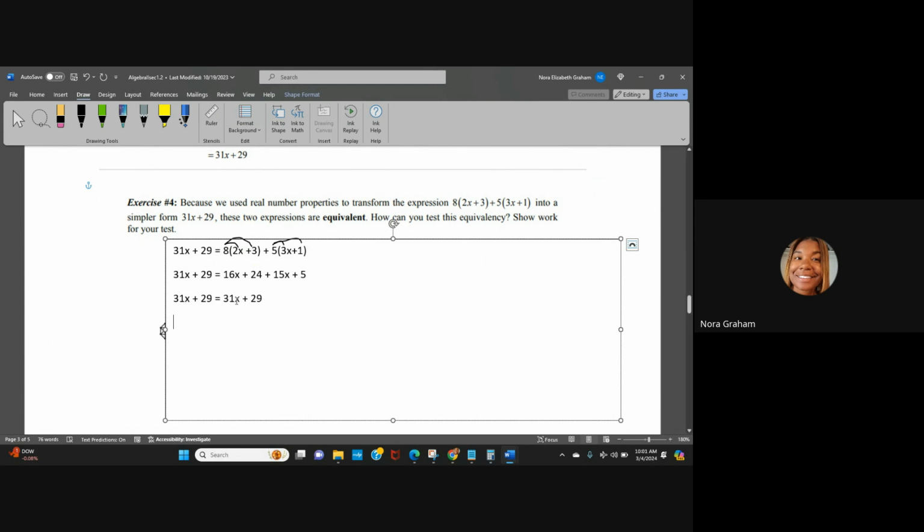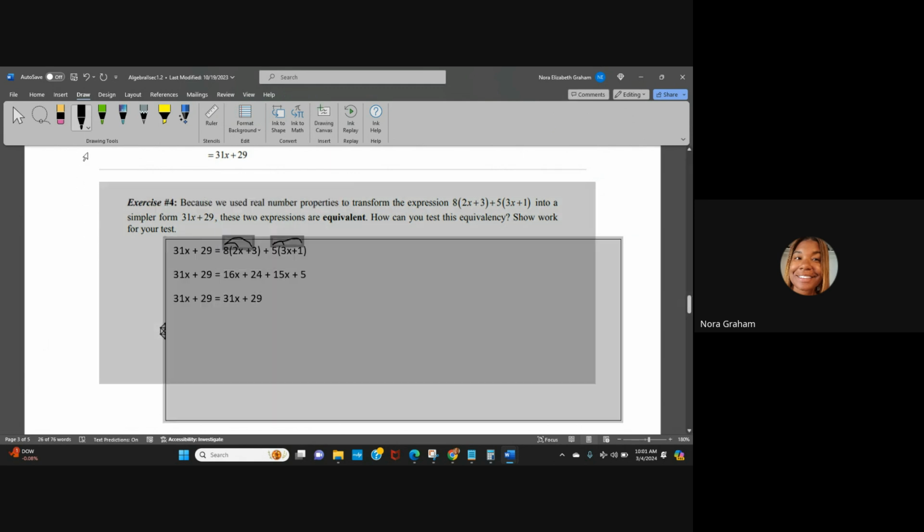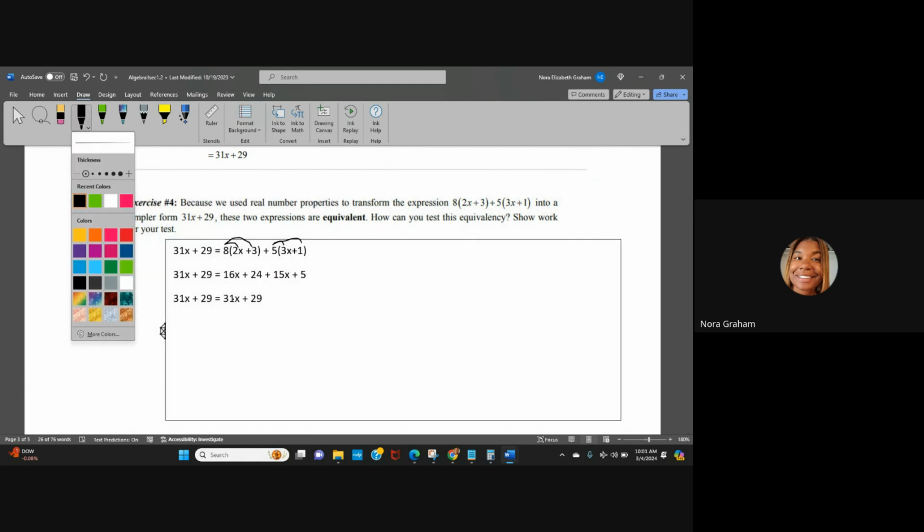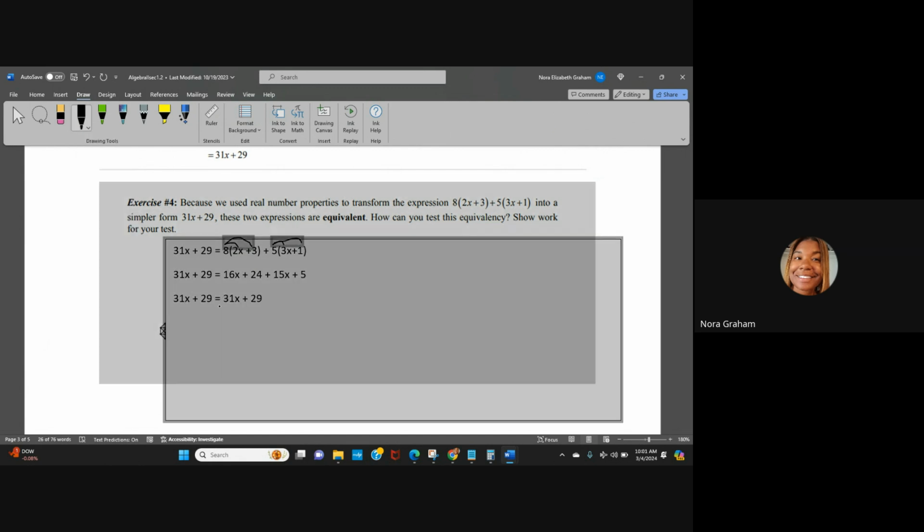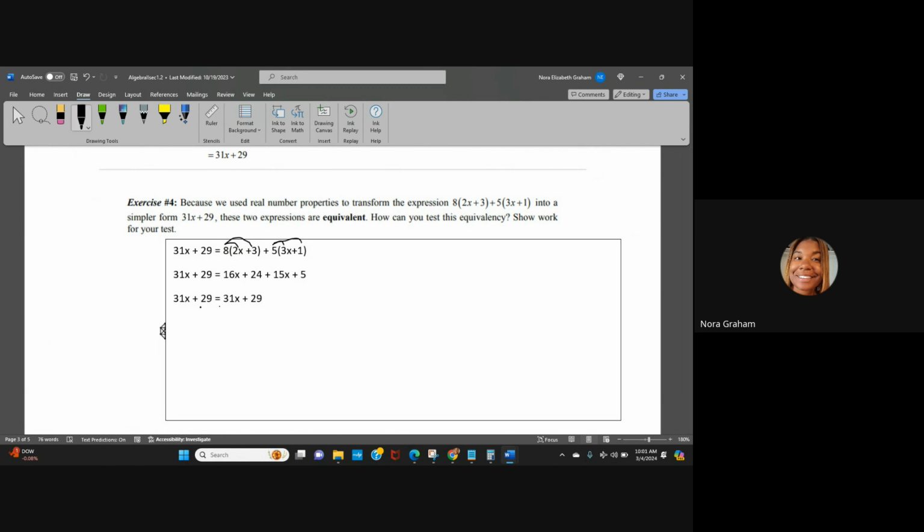Now I want to combine all my like terms again. So notice if I subtract this 31x, sorry, I don't know why my computer's acting like that. If I subtract this 31x from both sides, they're going to cancel out. So now I'm just going to get 29 equals 29, which is a true statement, all right? So since I got a true statement, that means that these two expressions are equivalent, and that's how you can check for equivalency.